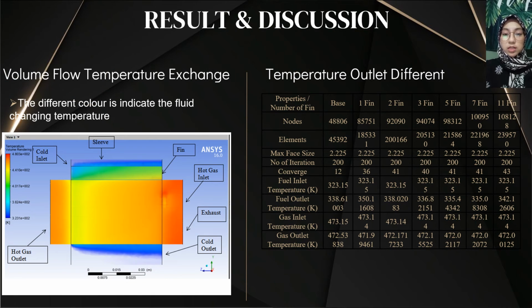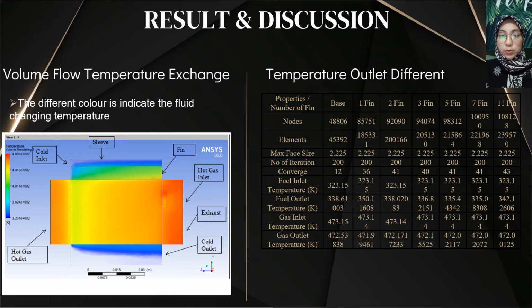The figure shows the volume rendering of temperature exchange for the model 1 fin type WHRD, which is waste heat recovery device. We can see the different colors indicate the fluid changing temperature at the hot gas inlet.